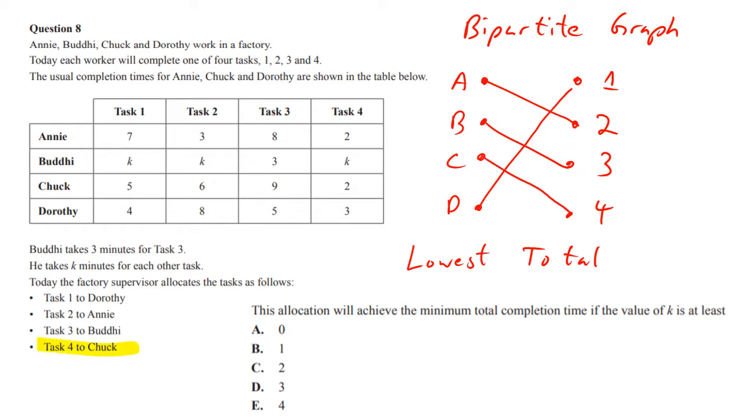Like so. And if the supervisor's given an allocation, then that must be the lowest total. So if we actually do that, we can see that Annie got task 2, Buddy got task 3, Chuck got task 4, and Dorothy got task 1, which means 4 plus 3 plus 3 plus 2, which equals 12, is our lowest total.